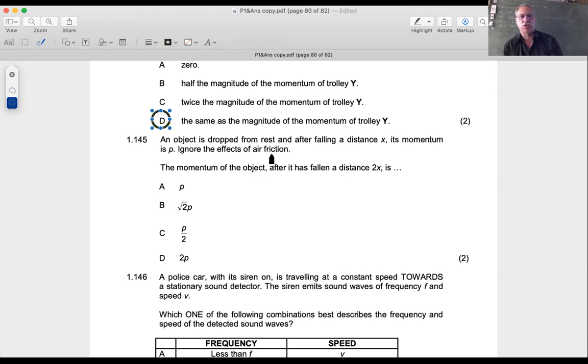So if its velocity is doubled, but that sounds wrong. Because when something is falling, when it's fallen twice the distance, its velocity is definitely increased. I would say it's got to be greater. None of these looks greater except D. Now what's that square root of 2p?